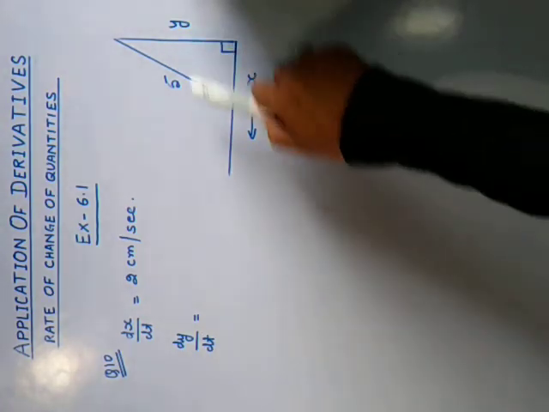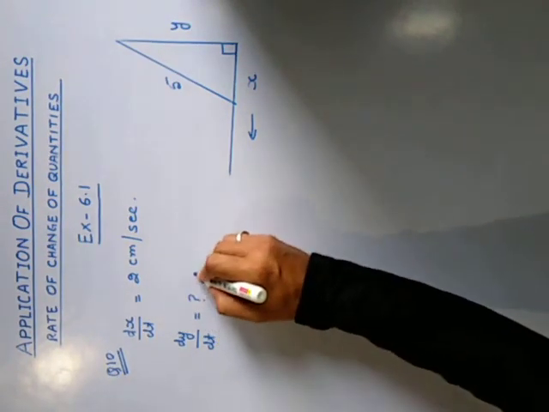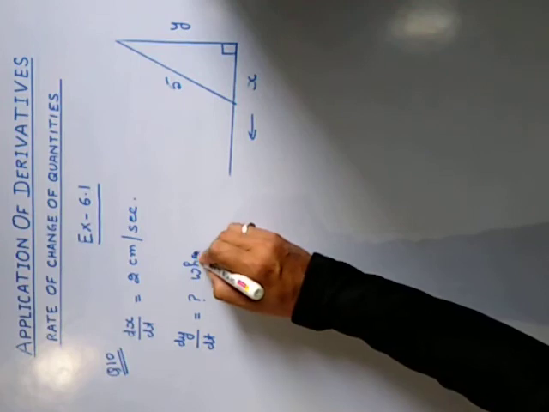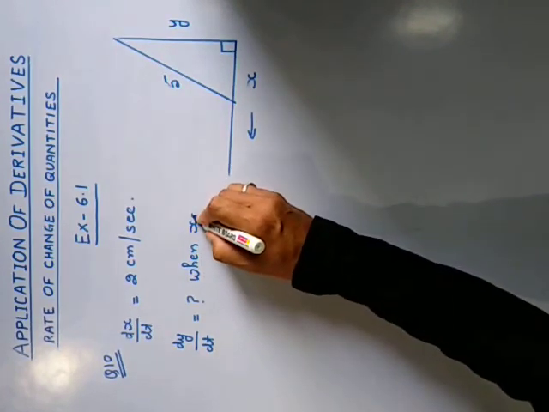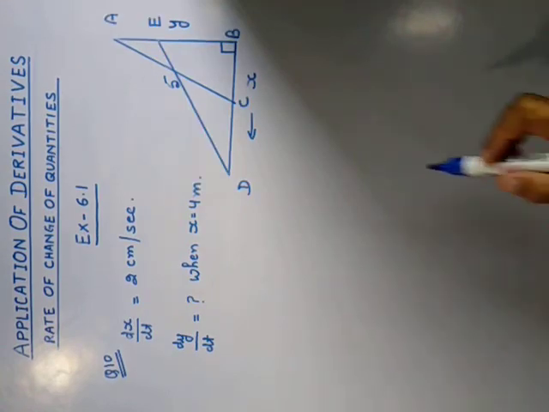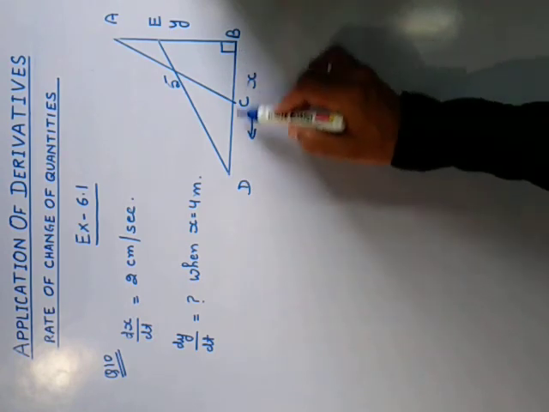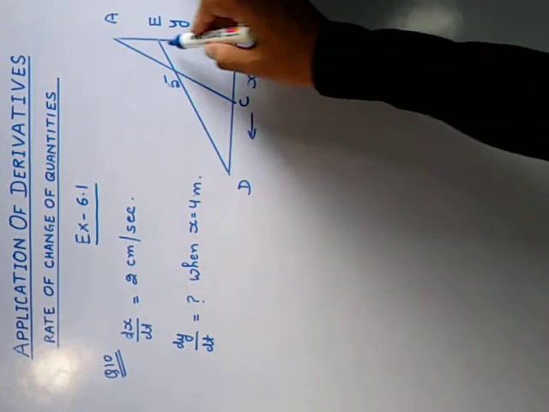So if the height is y, we have to calculate dy over dt when x equals 4. If we pull the ladder away from the wall, its height will be decreasing.